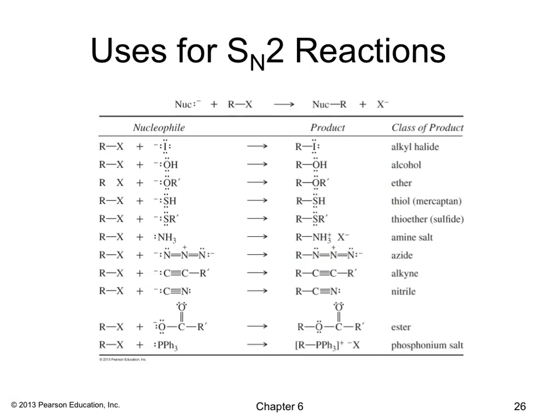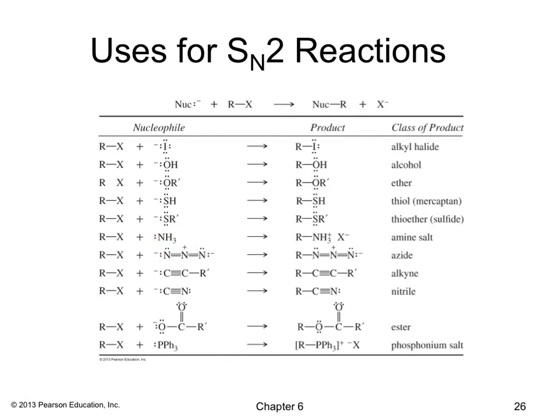So here are uses for SN2 reactions. Depending on what your reactants are, you can generate a new alkyl halide, alcohols, ethers. So for alcohols, you have a hydroxide; for ethers, you have an OR. You can generate a thiol, a thioether.